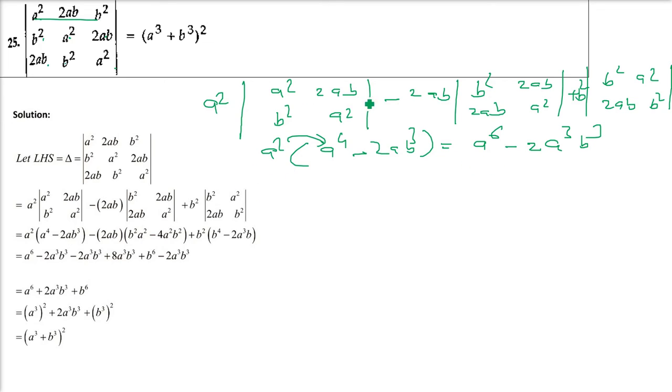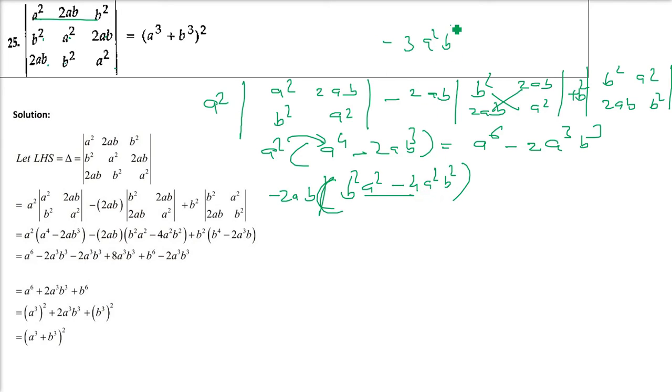This is the first one. Coming to the second one. Minus 2AB. Inside this we have B square A square minus 4A square B square. So B square A square minus 4A square B square is minus 3A square B square.